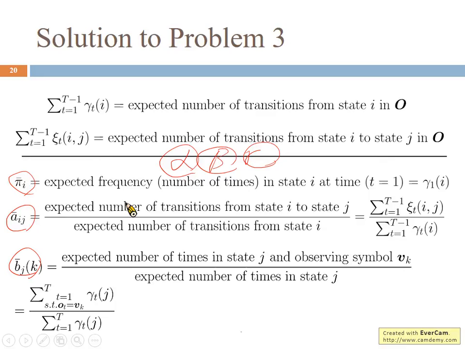And we can use the same idea to train the hidden Markov model. So given a large number of observation sequences, we can update the model parameters given the observation sequences, and then find the best parameters to maximize the probability of the model generating such observation sequences.